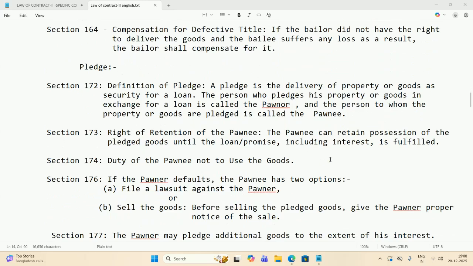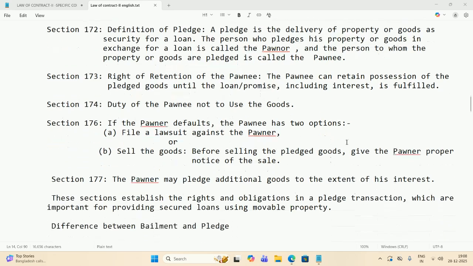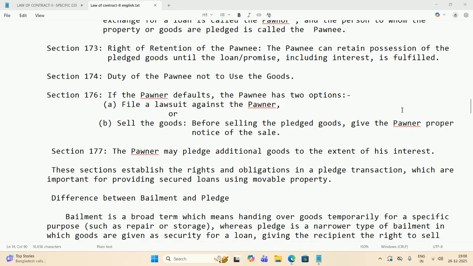Section 173 states about the right of retention of the pawnee. The pawnee can retain possession of the pledged goods until the loan or promise made, including interest, is fulfilled. Section 174. Duty of the pawnee is not to use the goods. Section 176. If the pawner defaults, the pawnee has two options.